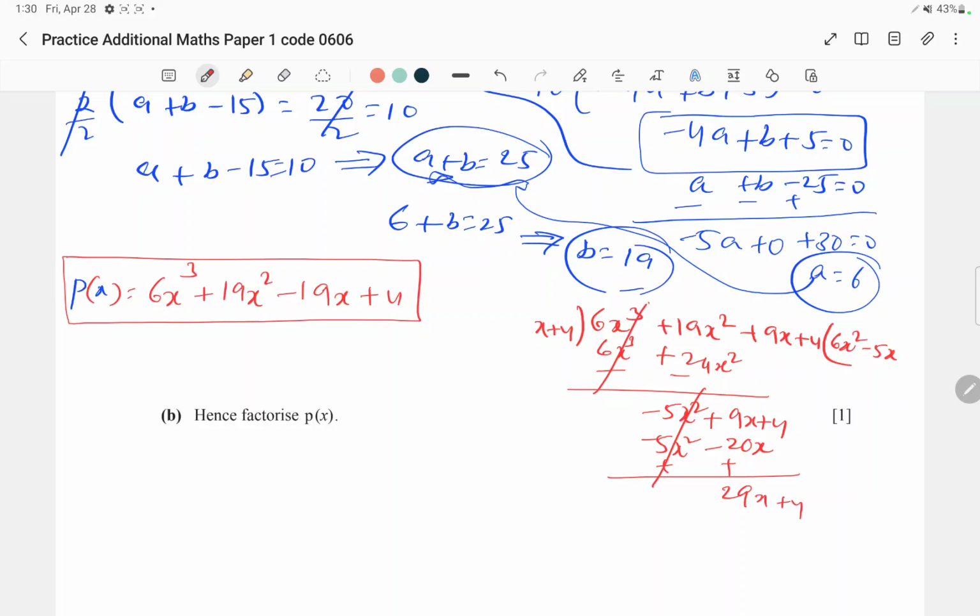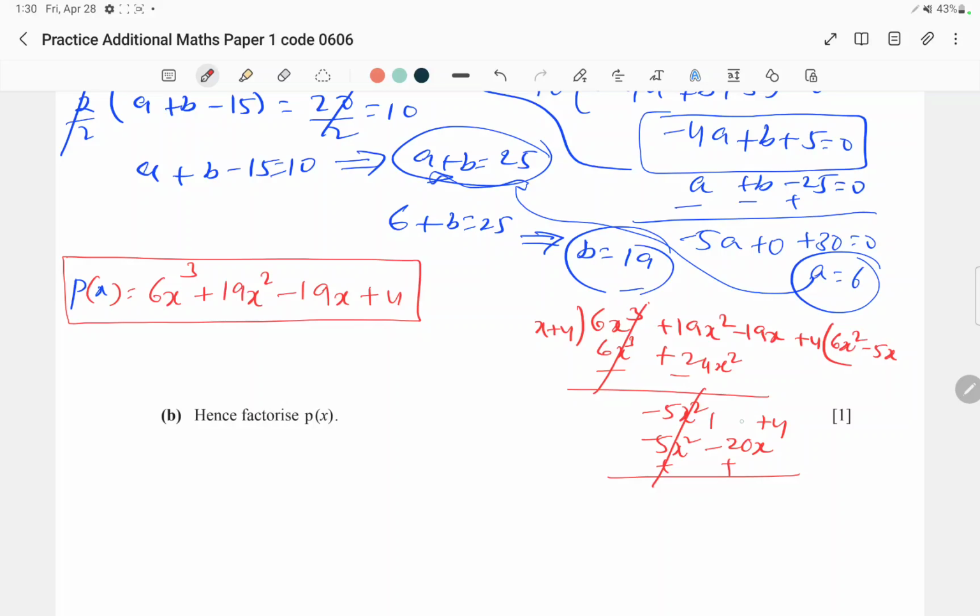Somewhere something happened. Oh, this is 19. Oh, this is minus 19. See, such a blunder. Now here what's happening, 19x square minus 19x.